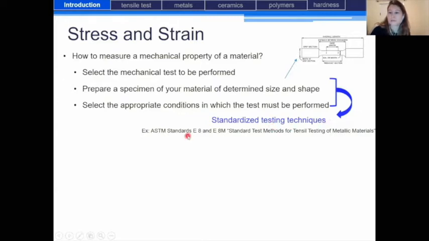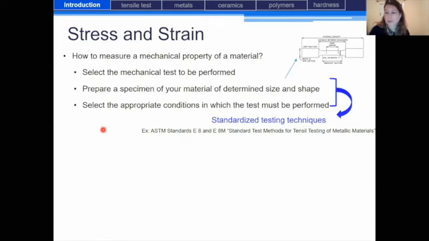And so this standardized condition and dimension of the specimen are specified in this kind of document. And then you should select the appropriate conditions in which the test must be performed.